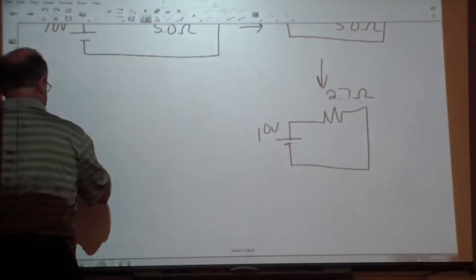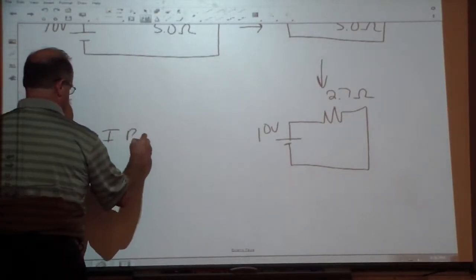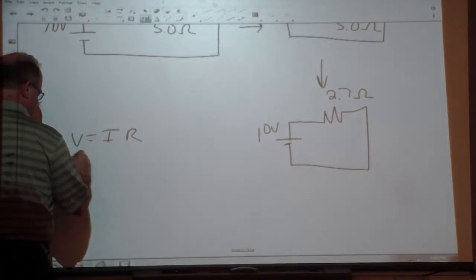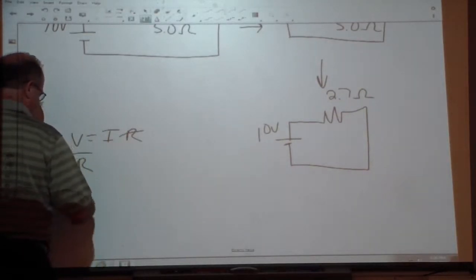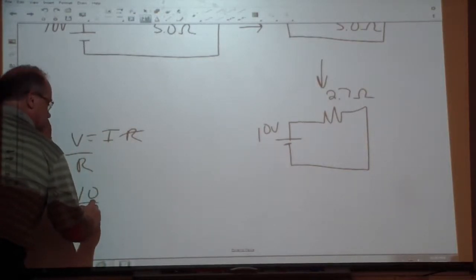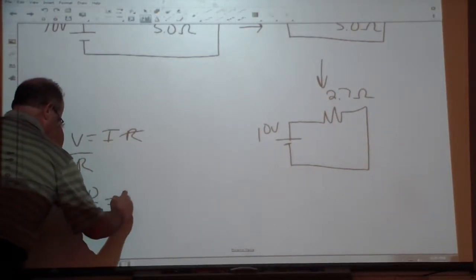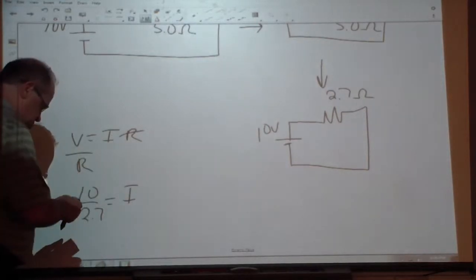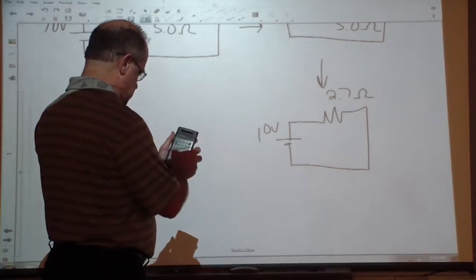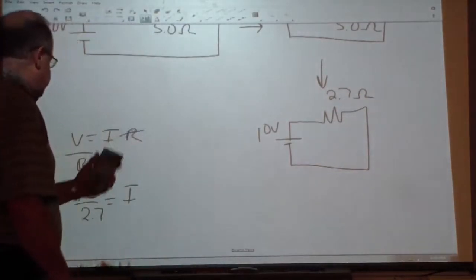So we have V equals IR. We want to get the total current, I equals V divided by R. And that's going to be 10 divided by 2.7, which equals 3.7 amps.